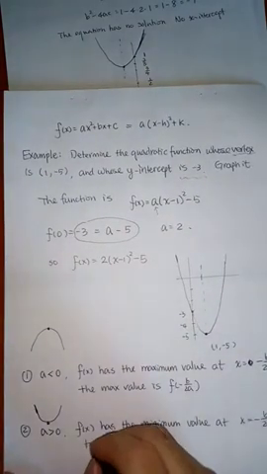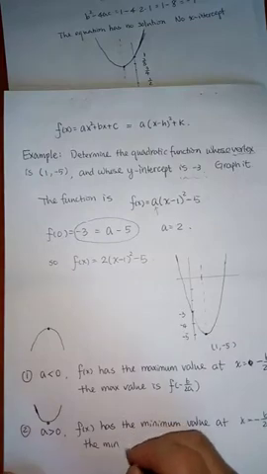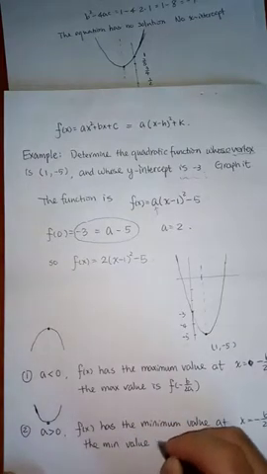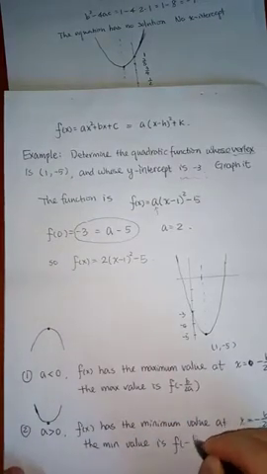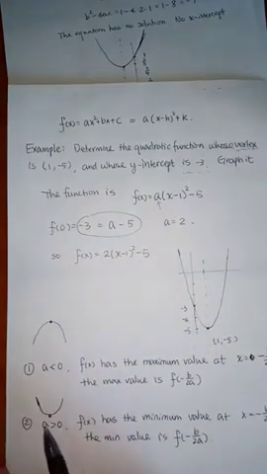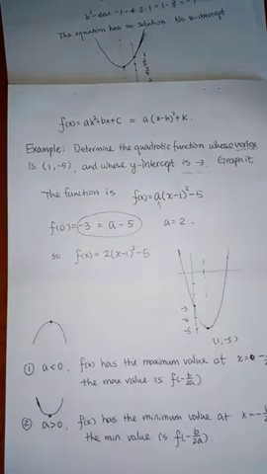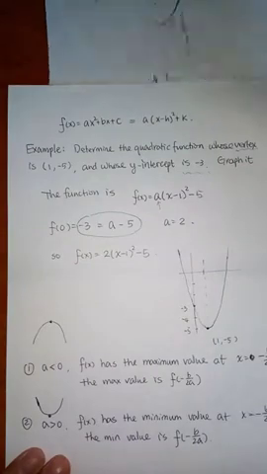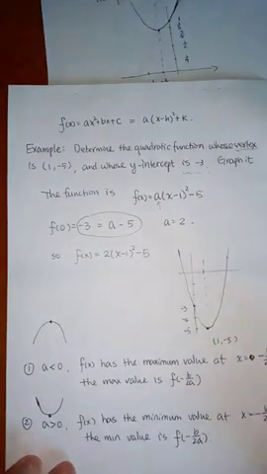And the minimum value is f of negative b over 2a. Again, it is the y-coordinate of the vertex. Okay, so we mentioned this before, but let's just emphasize it here.